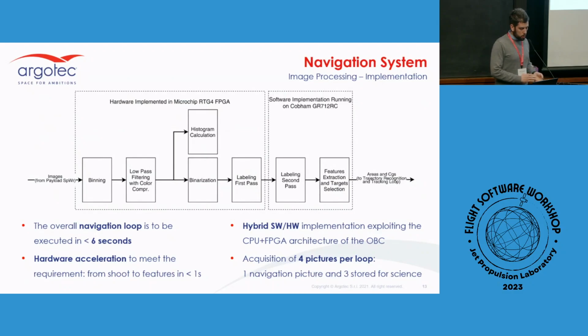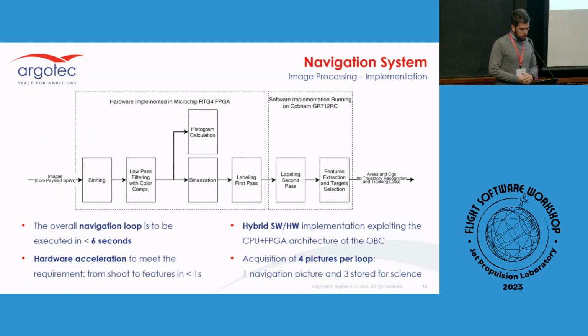And so we put on the FPGA the main, let's say, time-consuming tasks, the ones related to pixel scanning and convolutions, for example, binning, low-pass filtering, and binarization of the pixels, while the software had the role to extract the features from the preprocessed data from the FPGA.